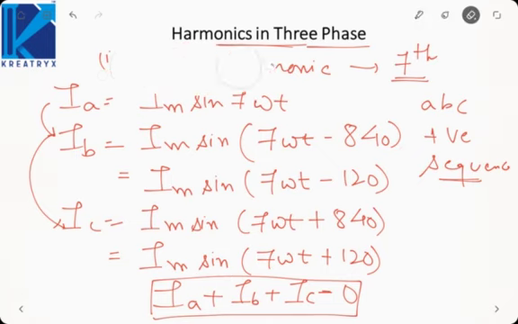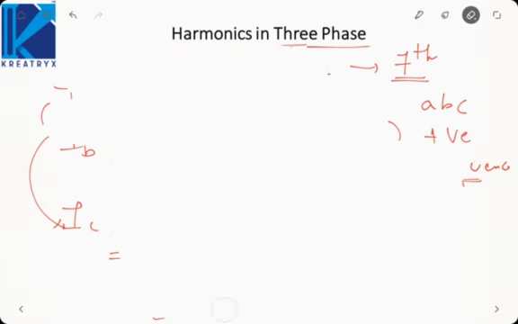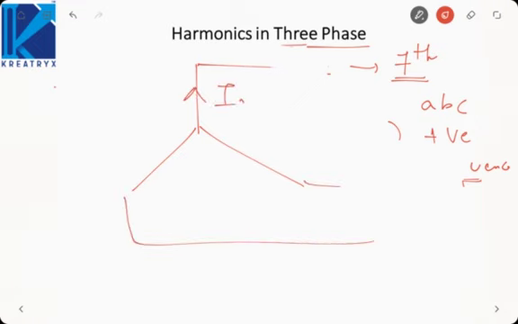See, if we take a star connection, what will happen is, let us say this is IA, this is IB, this is IC. Now applying KCL at this node, I will get IA plus IB plus IC is equal to 0.